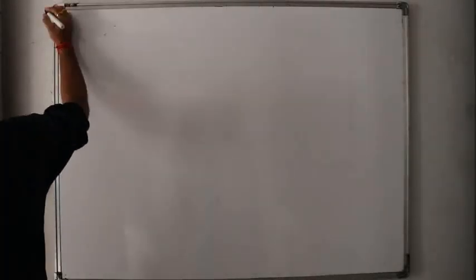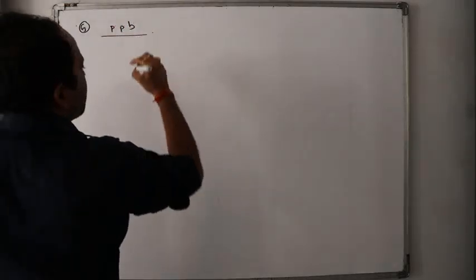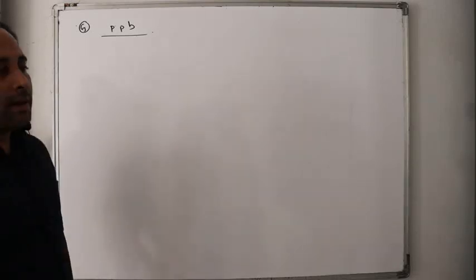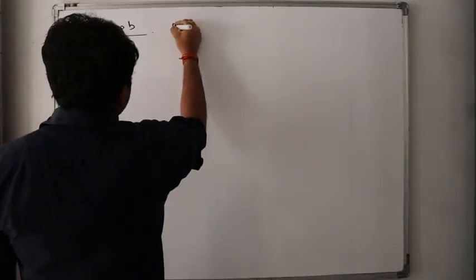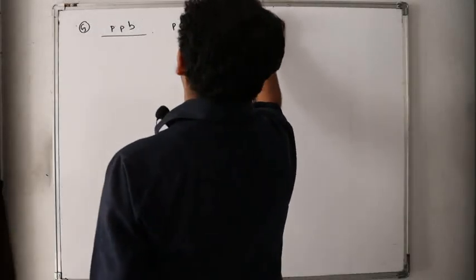Next is ppb. What is this ppb? ppb is parts per billion.